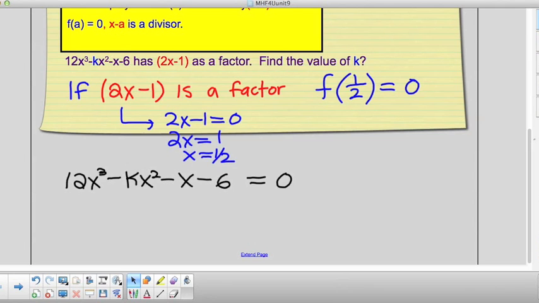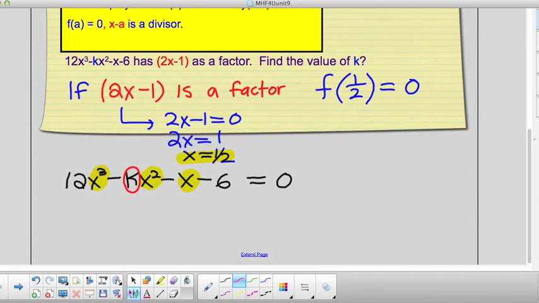Now obviously I am trying to solve for k, but wherever you see x in the equation, so my x cubed, my x squared, my negative x, I'm going to plug in the value x is equal to 1/2 into that equation.